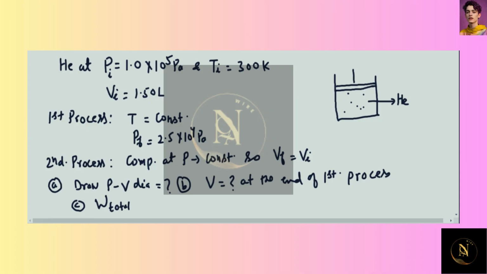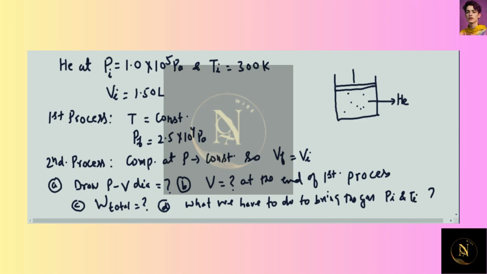Total work done we have to calculate. D: what we have to do to bring the system to the initial pressure and temperature. So these are the few questions we have to discuss.